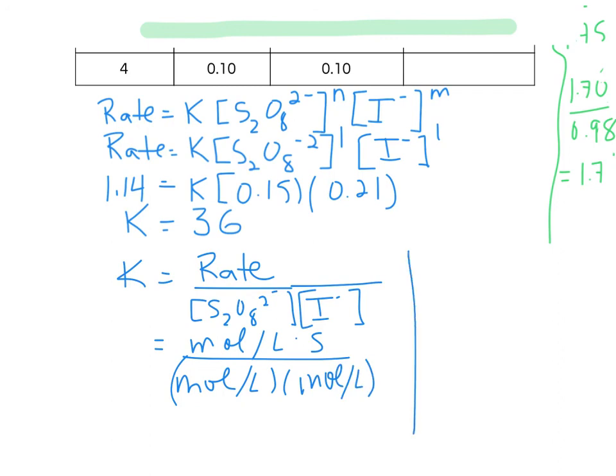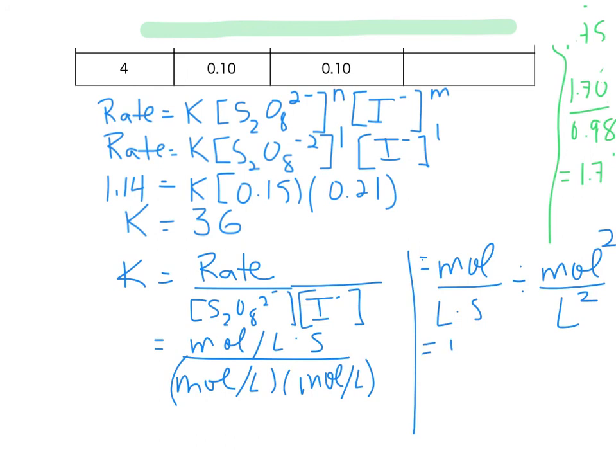Simplifying this and rewriting it as a division statement, I've got moles per liter per second divided by, and I'm going to simplify that denominator to moles squared per liter squared, right? Moles times moles and liters times liters.